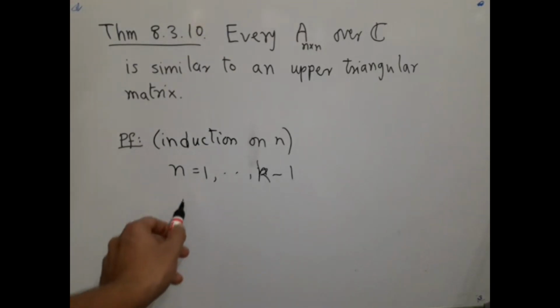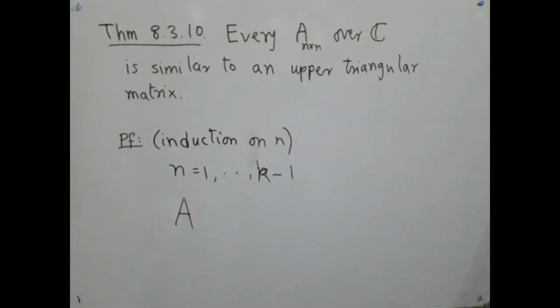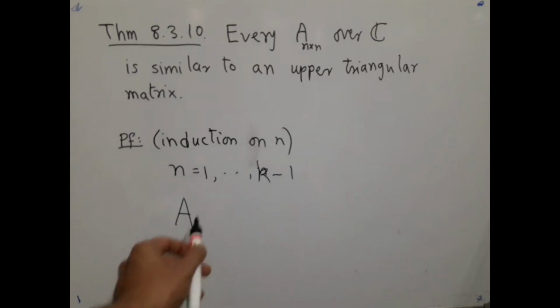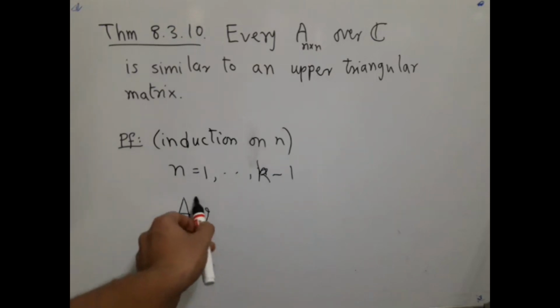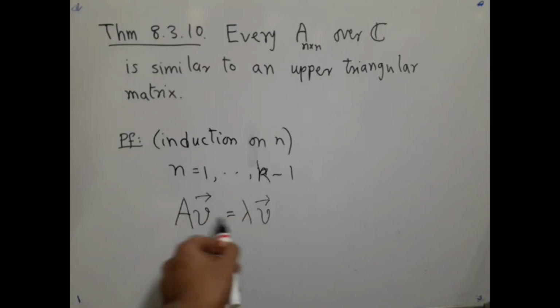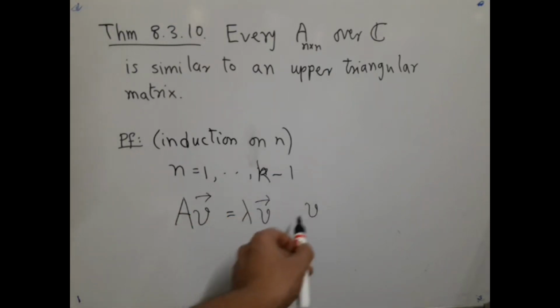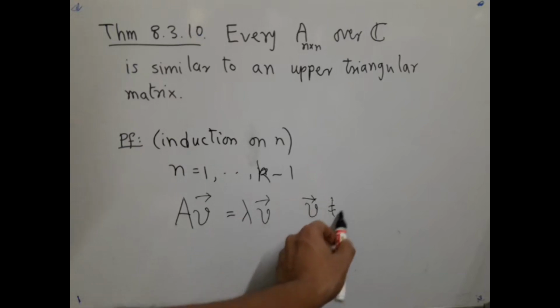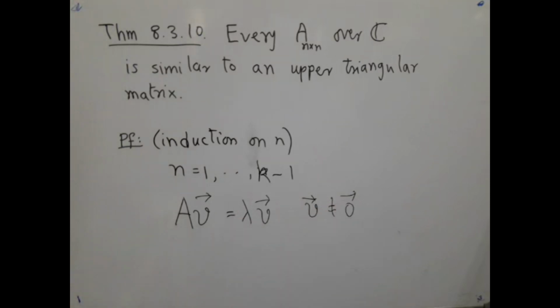Now, since I am working over the complex field, I know that there are n eigenvalues. Just pick any one of them, and then you can write AV equal to lambda V, where V is one eigenvector, lambda is an eigenvalue, and V is a non-zero vector.